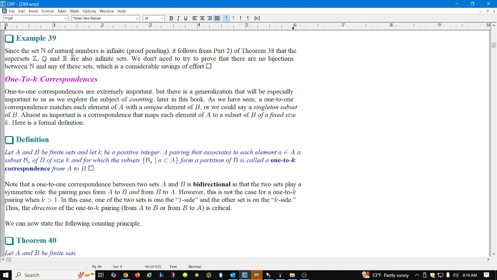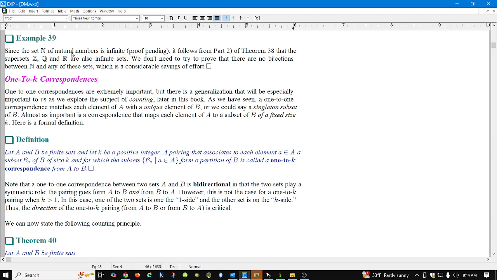Since the set N of natural numbers is infinite, which is proof pending, it follows from part 2 of the theorem we just discussed that the supersets, Z, integers, Q, rationals, R, reals, are all infinite sets.